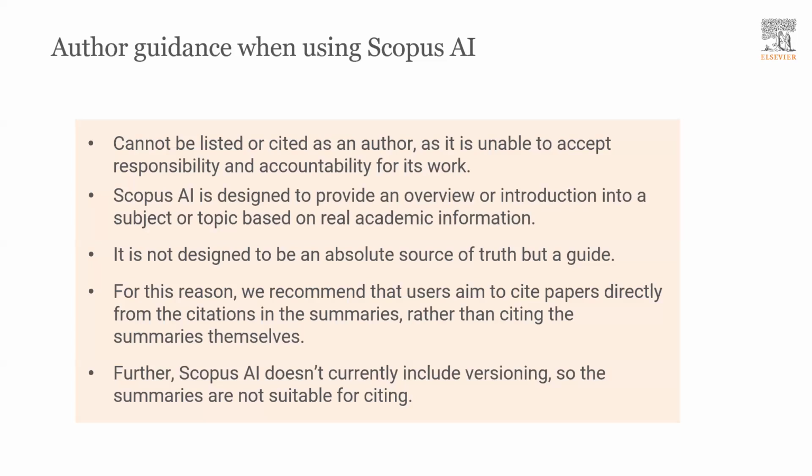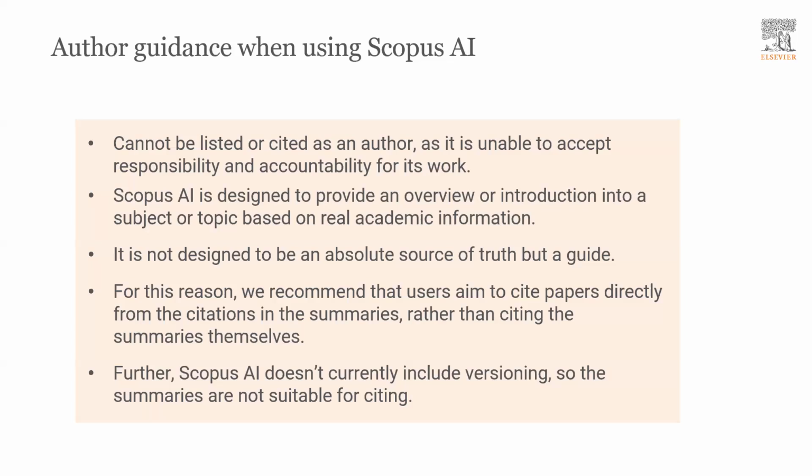So it is not designed to be an absolute source of truth, but more a guide. And for this reason, we recommend that users go to the actual literature and cite the literature in their academic work, right?